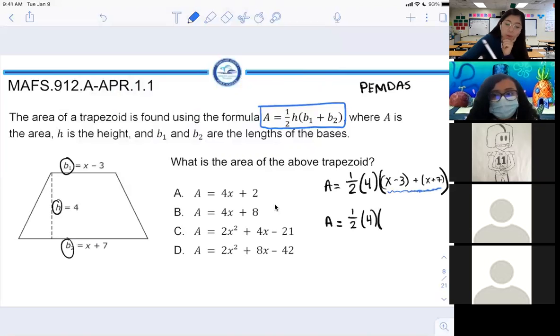2x. 2x, good. Be very careful. This is not x squared because we're adding, we're combining like terms. We're not multiplying, okay? So all we're doing is collecting, grouping everything together. So I have 2x plus what?